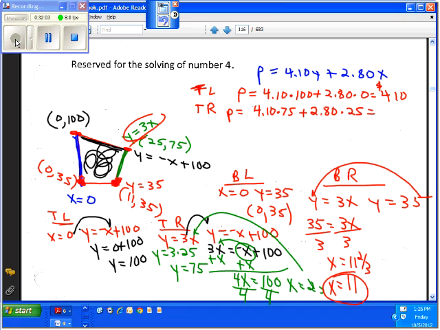Somebody punch that out in the calculator and give me the answer, if you will, please. I'm going to keep going. If we do the bottom left, we would have $4.10 times 35 items plus $2.80 times 0 items. And if we do the bottom right, we're going to have $4.10 times 35 items plus $2.80 times 11 items.